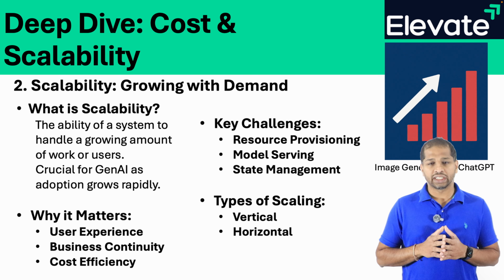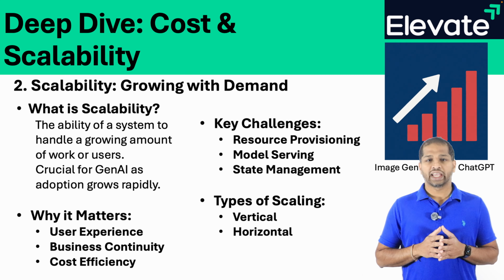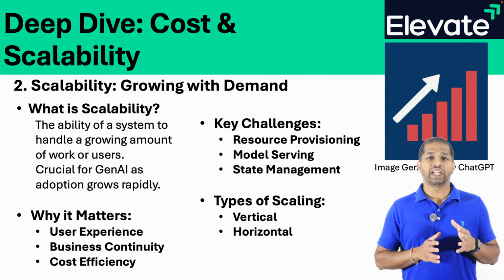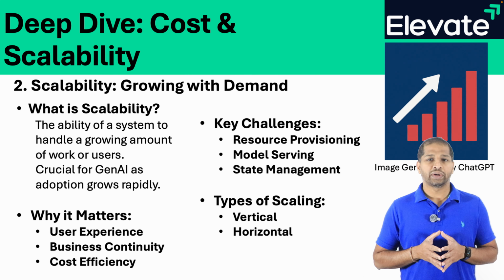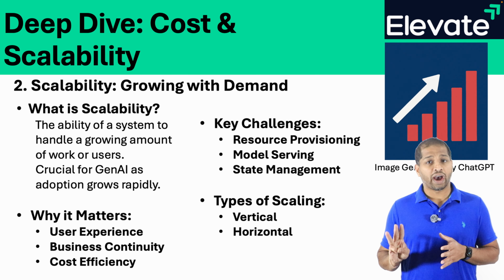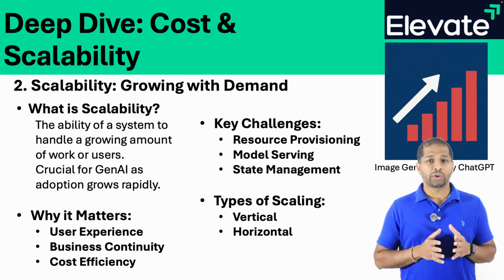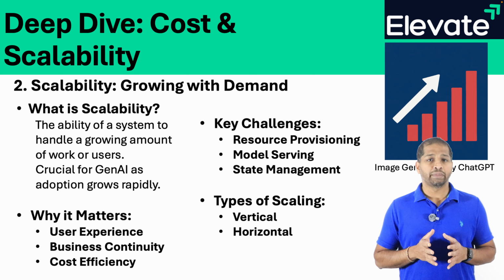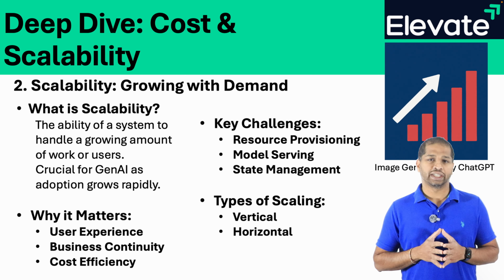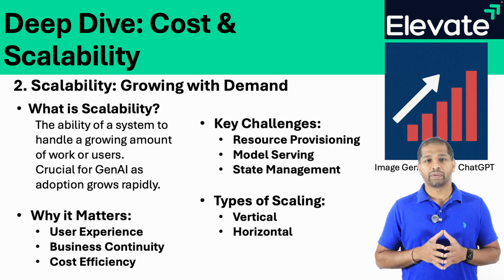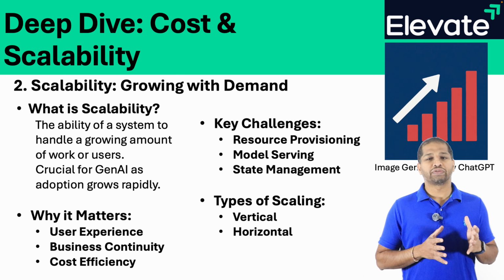Second, for business continuity. A scalable system ensures your Gen AI application remains available and reliable, supporting critical operations without interruption. And finally, for cost efficiency. Scaling efficiently means you only pay for the resources you need when you need them, avoiding costly over-provisioning. However, scaling Gen AI applications comes with its own set of key challenges.